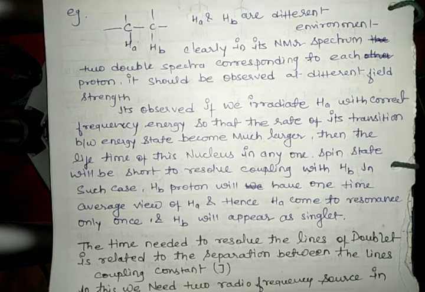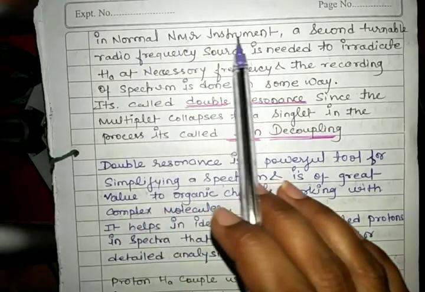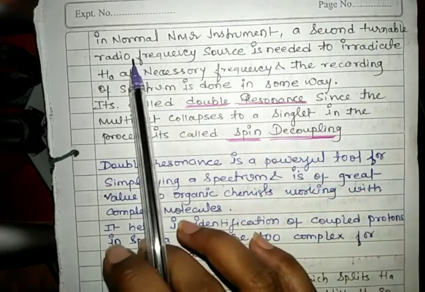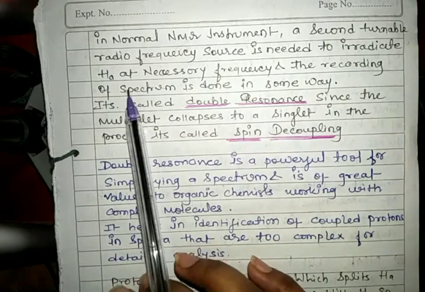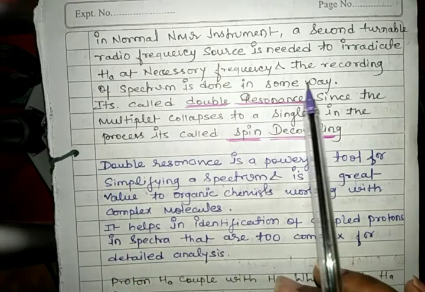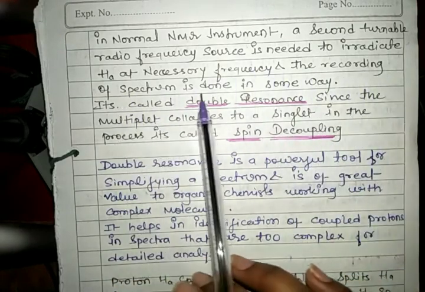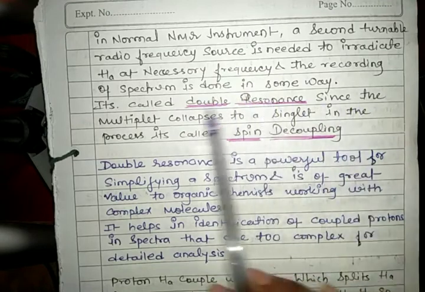In this, we need two radio frequency sources in a normal NMR instrument. A second tunable radio frequency source is needed to irradiate Ha at the necessary frequency, and the recording of the spectrum is done in the usual way.